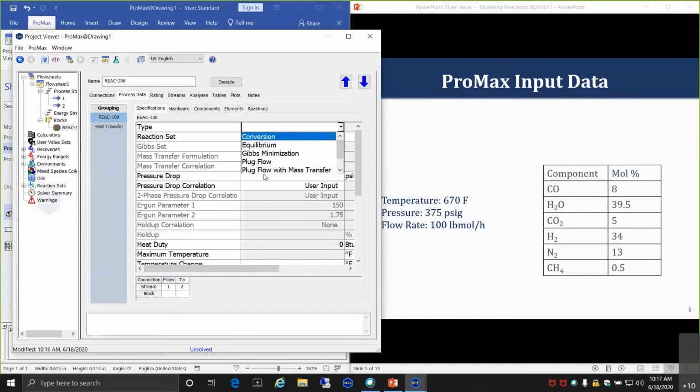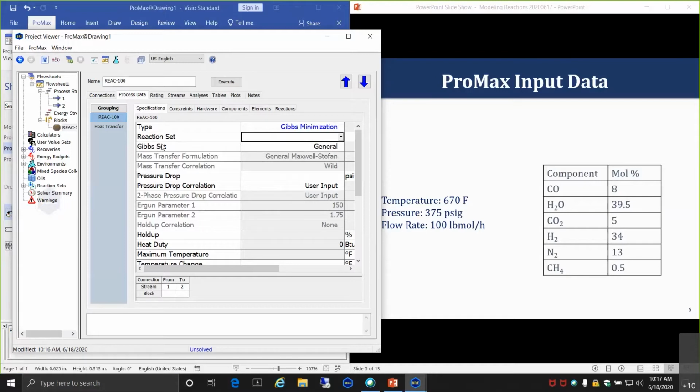In this particular case, we're going to go Gibbs minimization. The reaction set, you can put in a reaction set if you wish, and then Gibbs minimization will be performed for just those species that are listed as reactants and products in that reaction set.